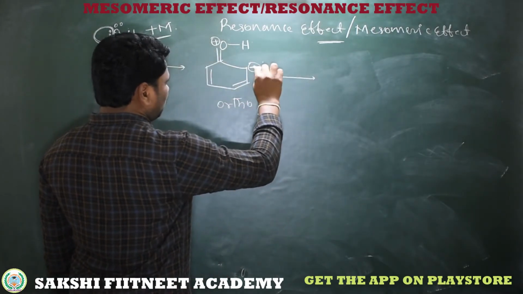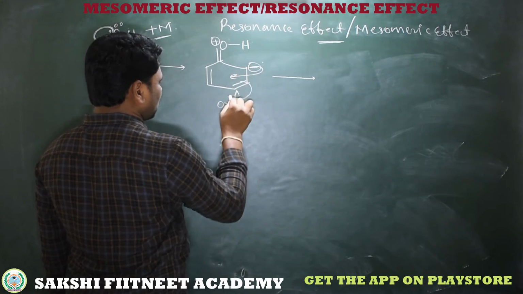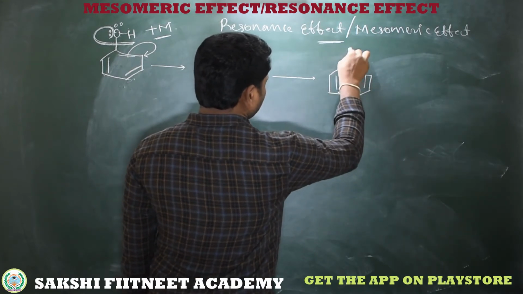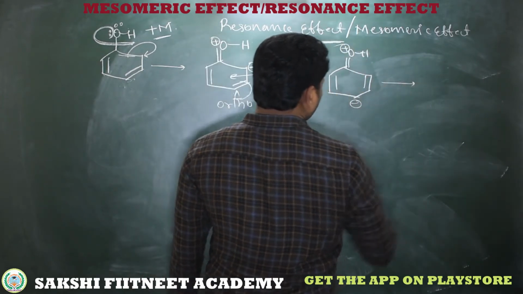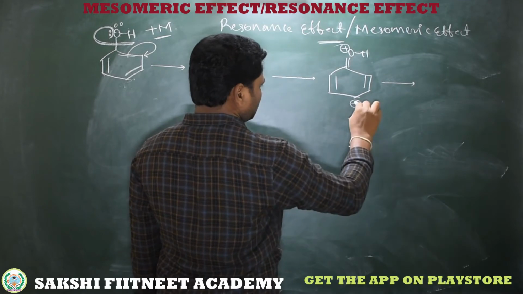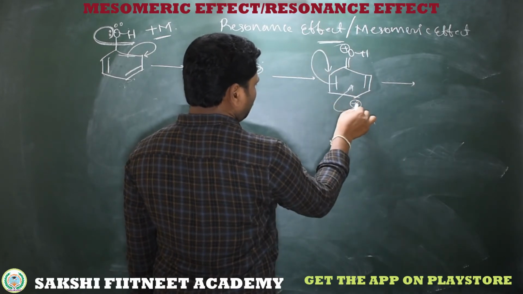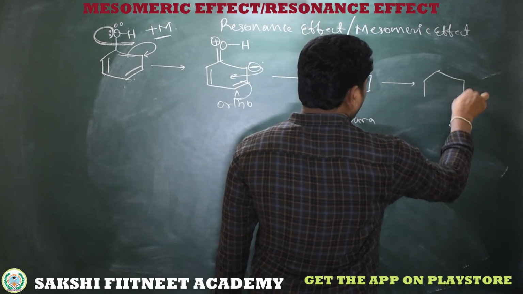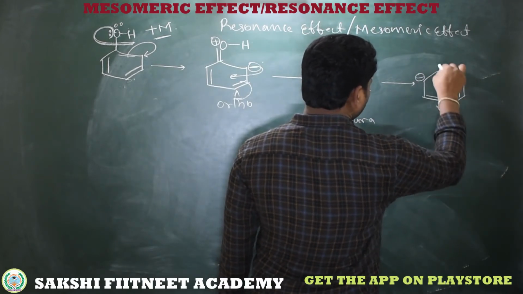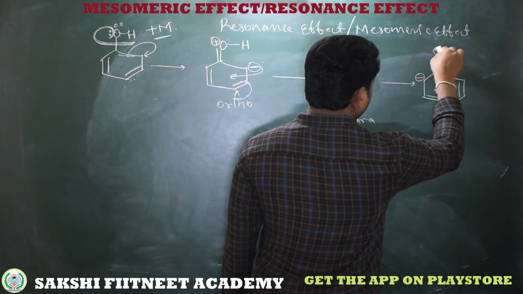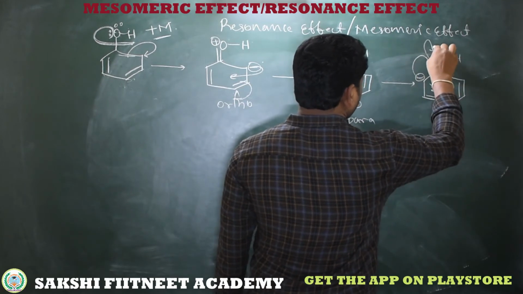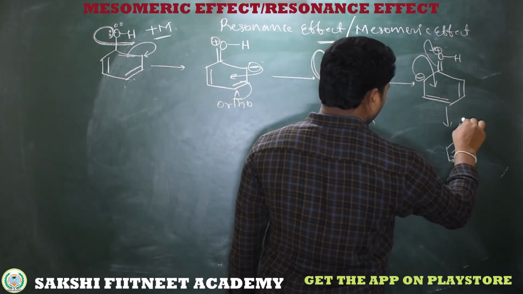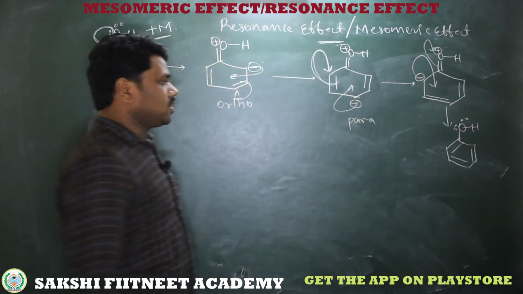Now these non-bonded electrons are involved in resonance, shifting towards conjugation, and then we get a negative charge at the para position, with a positive charge on the oxygen. The pi bond electrons shift to the next carbon, which is again an ortho carbon, so we get a negative charge there, with a double bond to oxygen that is positive. Then the oxygen regains its lone pair, and as usual we get the neutral compound. Again the resonance takes place continuously.